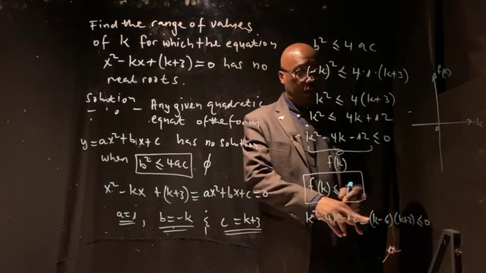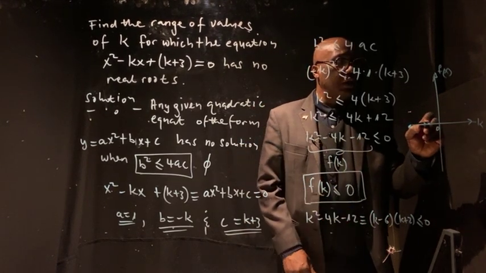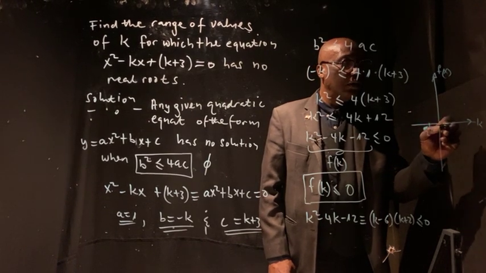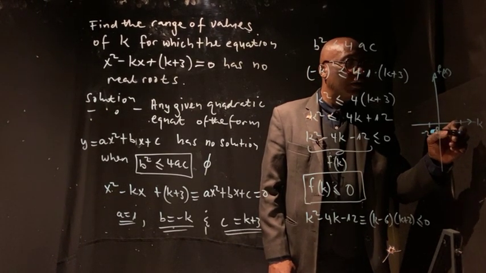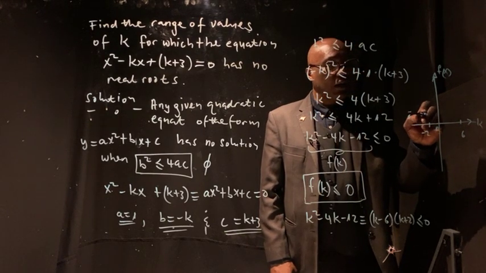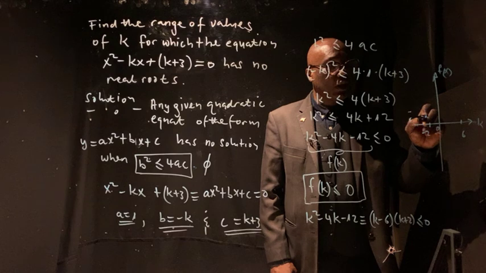Okay, so we have here minus 2 then. We have here 6. So the quadratic curve is going to be something like this.